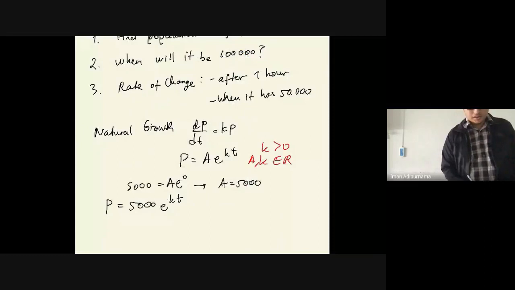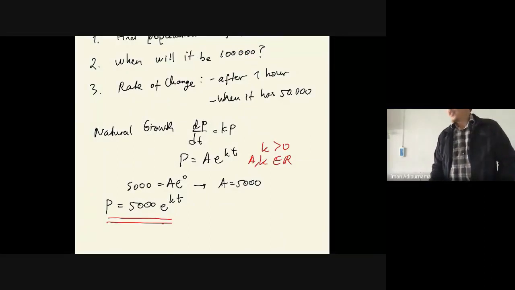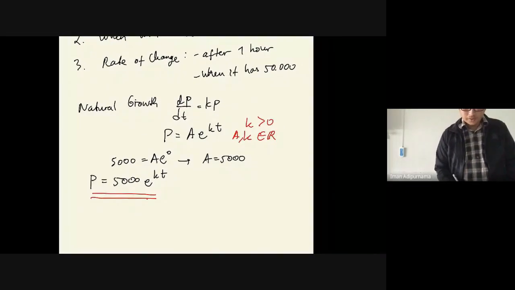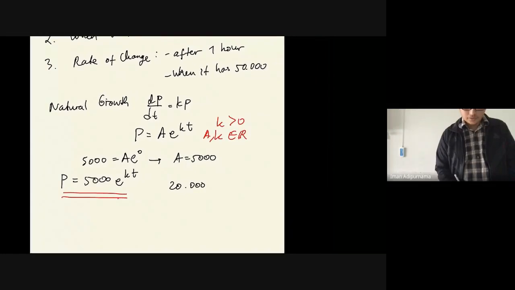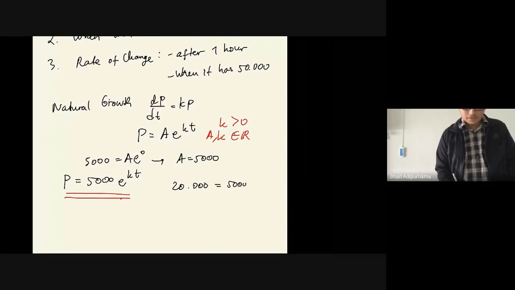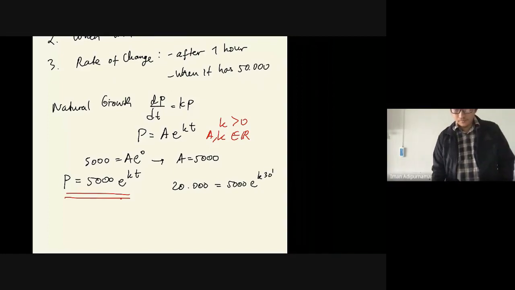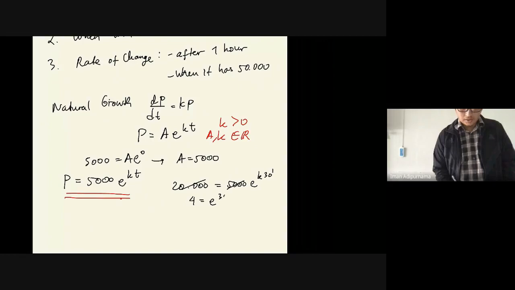So this is the function. So when it's getting 20,000, 20,000 equals 5,000 e to the k, let's just make 30 minutes here. It's 4 equals e to the 30k.